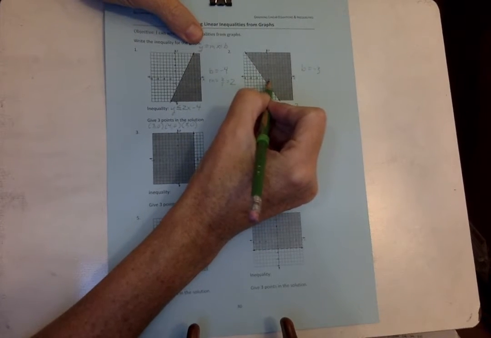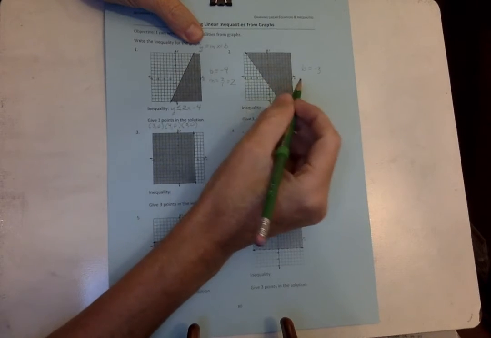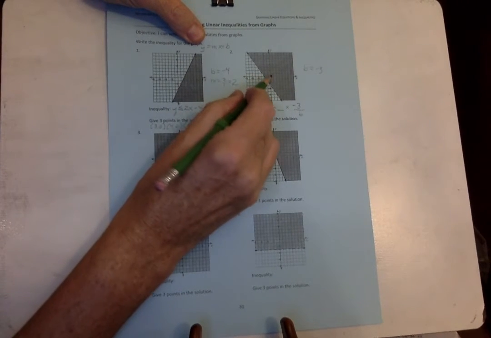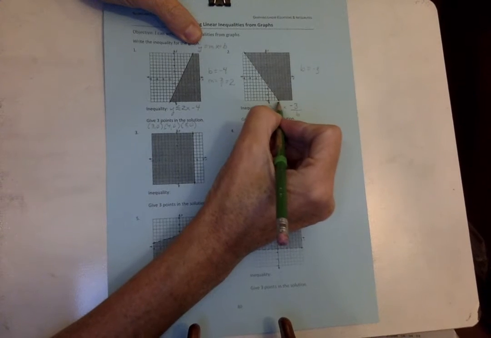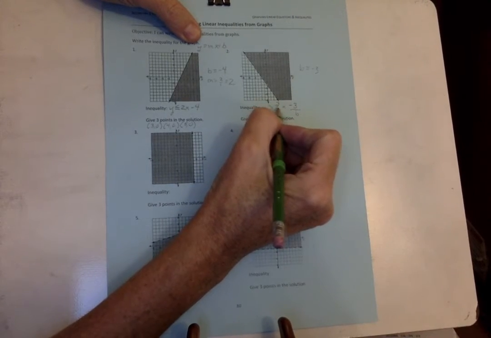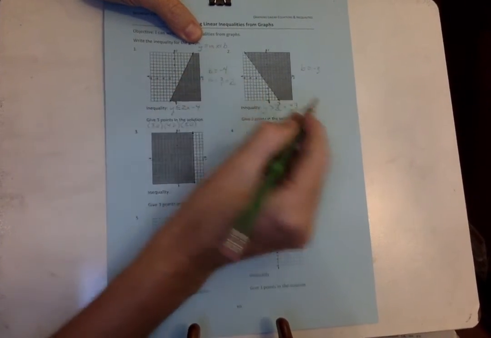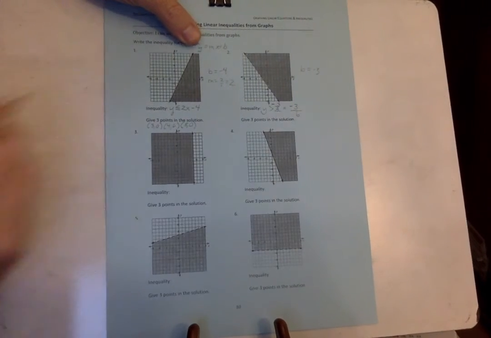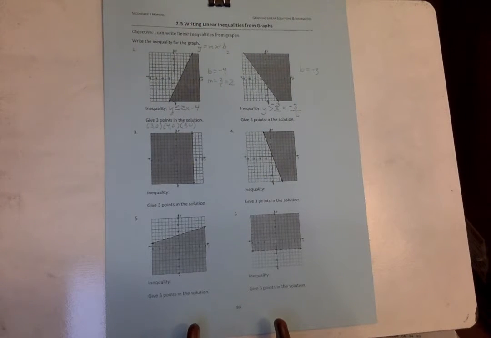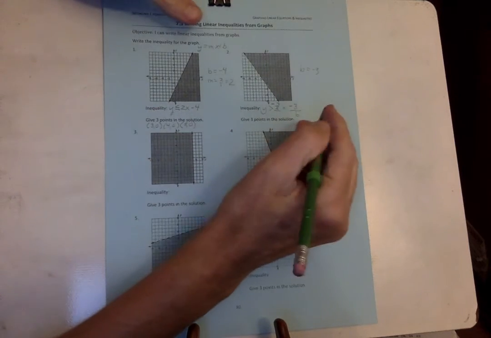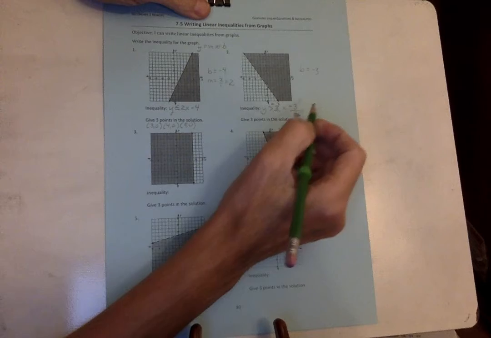Then it looks like I go 1, 2, 3 over 2. So it's going to be rise 3, run 2. So it's going to be 3 over 2. But know that it's going down and to the right, so it has to be a negative. So y is greater than -3 halves x minus 3. And that looks like 3 over 6, and I don't want it to look like that.